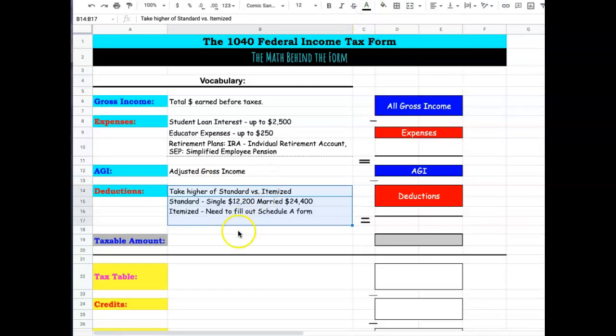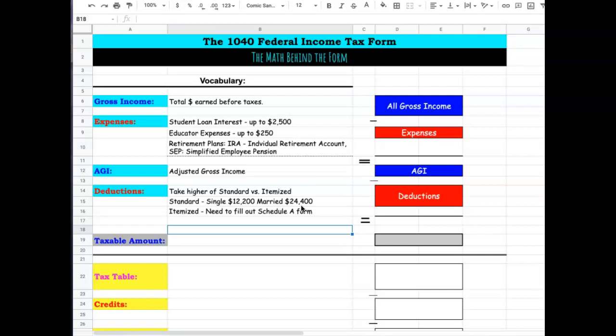Deductions are either standard, so you can take a standard deduction, and if you're single, you just get to subtract $12,200 right off your income. Tax-free. You get to take that right off. If you're married, $24,400. Non-taxable. For no other reason, everybody gets to take that, either single or married value, and deduct that off of your taxable income.